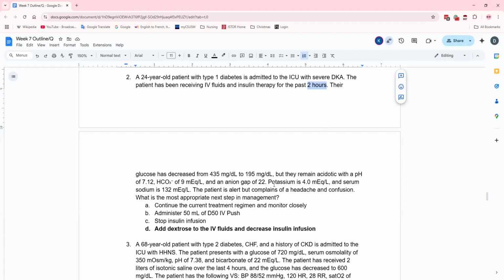In this scenario, you're supposed to decrease the insulin when their blood sugar goes below 200, because you want to prevent their sugar from tanking. You want to prevent hypoglycemia, but you also want to prevent this really fast reduction of blood sugar.